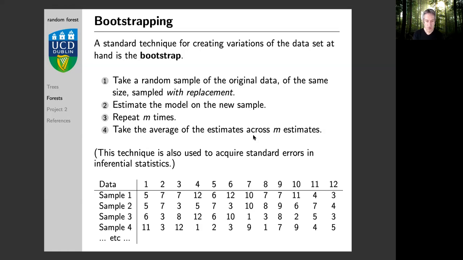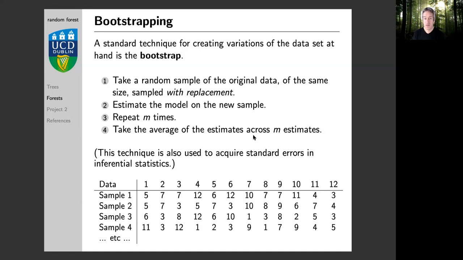Sample 2 has 2 times the 5, 3 times the 7, 2 times the 3, etc. Yeah? So these are random samples of the original data set. They have the same size. They're always just 12 observations. But they are nevertheless each time a little bit different because some observations are duplicated and some observations are left out. And we can do this many times.